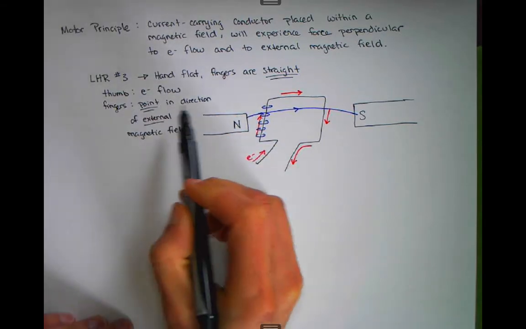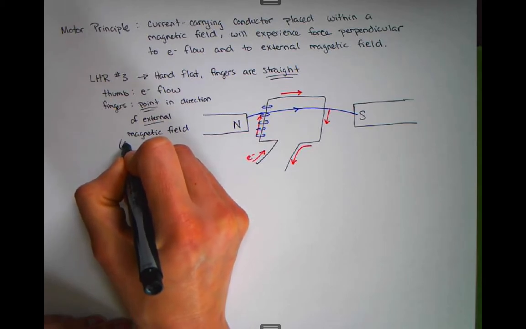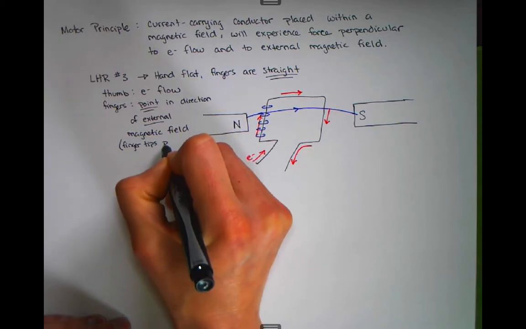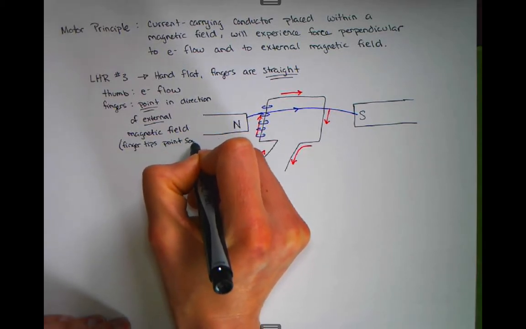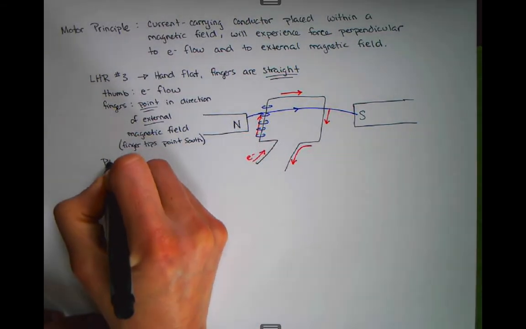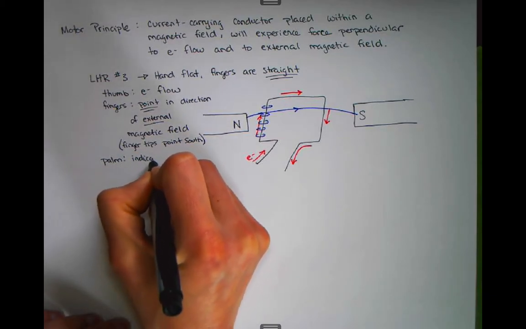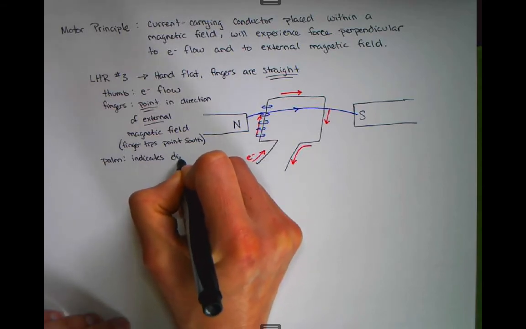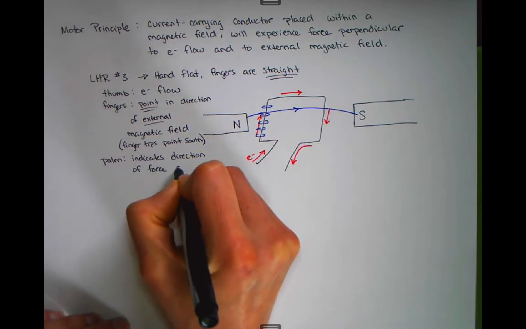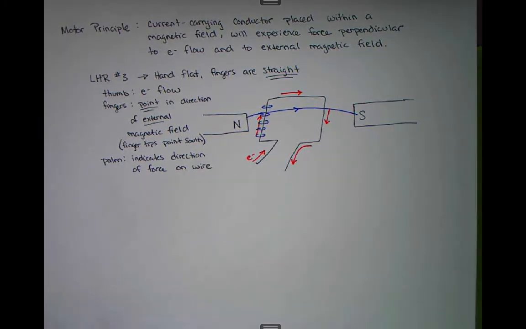Point in the direction means they go from north to south. So as a side note here, your fingertips point south, to the south, because that field goes from north to south. And then your palm indicates the direction of the force on the wire, or a particle. It could be a particle, whatever's in that external field.